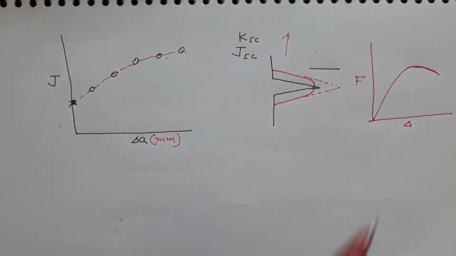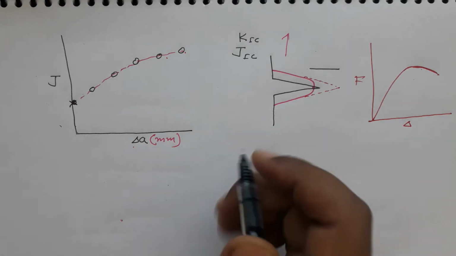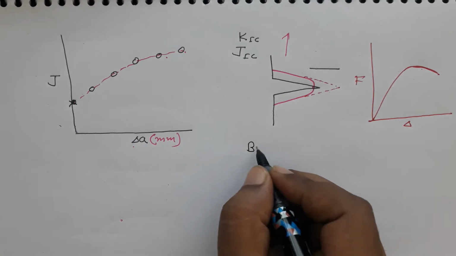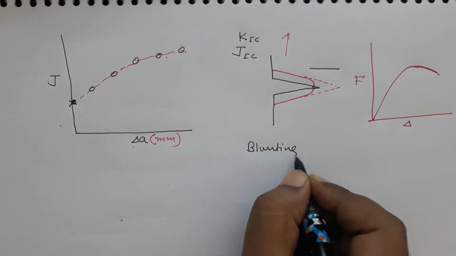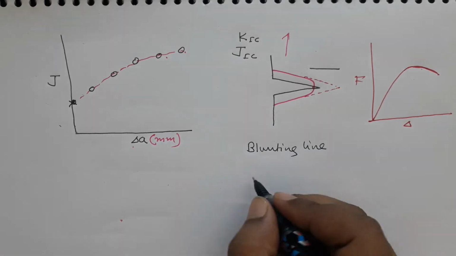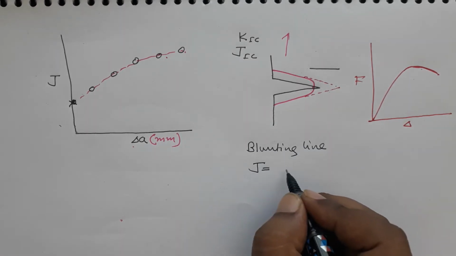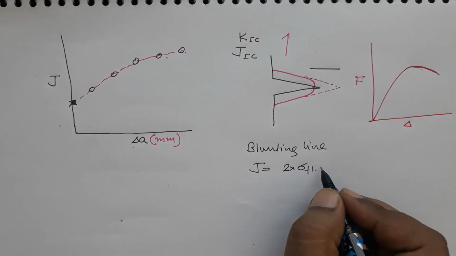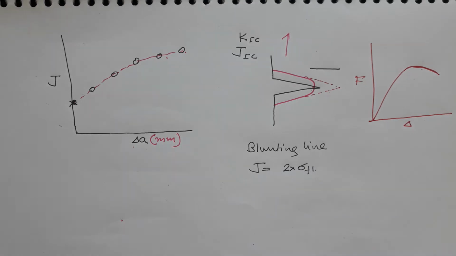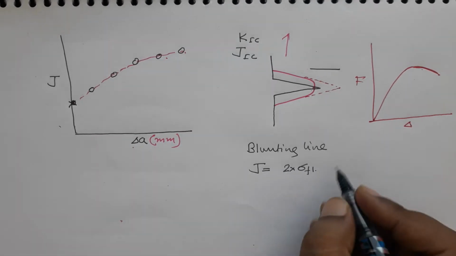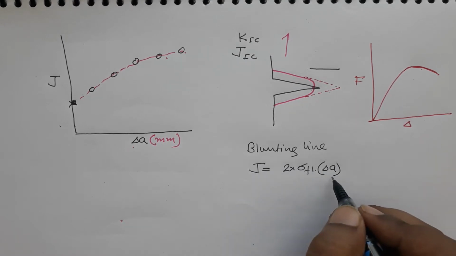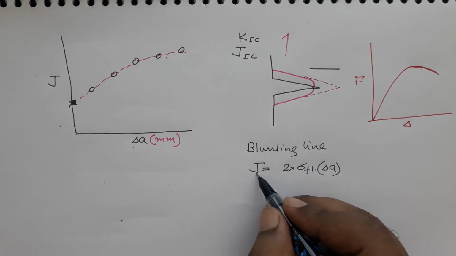In order to make that sure, what the standard defines is that you draw a line which is called blunting line, and that line can be given as J is equal to 2 into sigma flow into delta A.